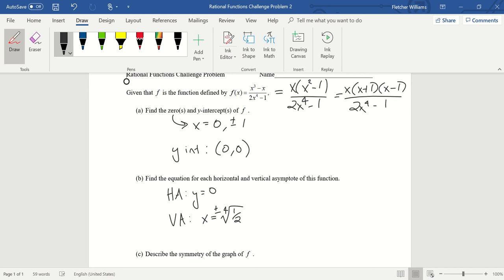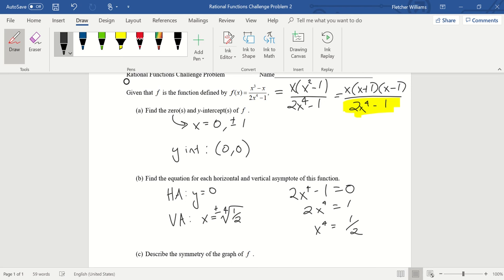So if you set the denominator, set this piece equal to 0, that's how you find vertical asymptotes. You get 2x to the fourth equals 1, or x to the fourth equals a half. And so you take the fourth root of both sides, but you realize that both the positive and the negative fourth root, if you put them to the fourth power, would give you positive 1/2.